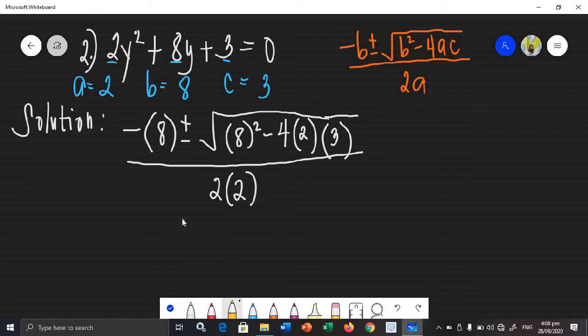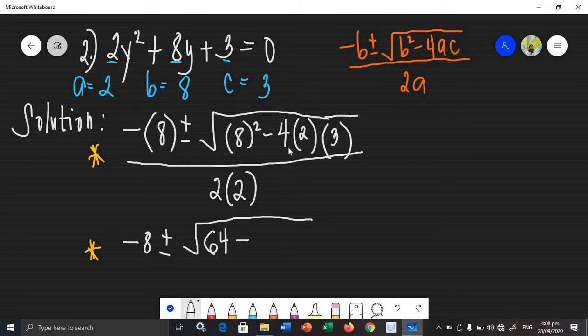Now that we substitute everything, let's simplify some of it. Okay? So, negative times 8, that is negative 8. Positive, negative, square root of 8 squared, that is 64, minus 4 times 2 times 3, 8 times 3, that is 24. Okay? Now, we will solve the denominator.